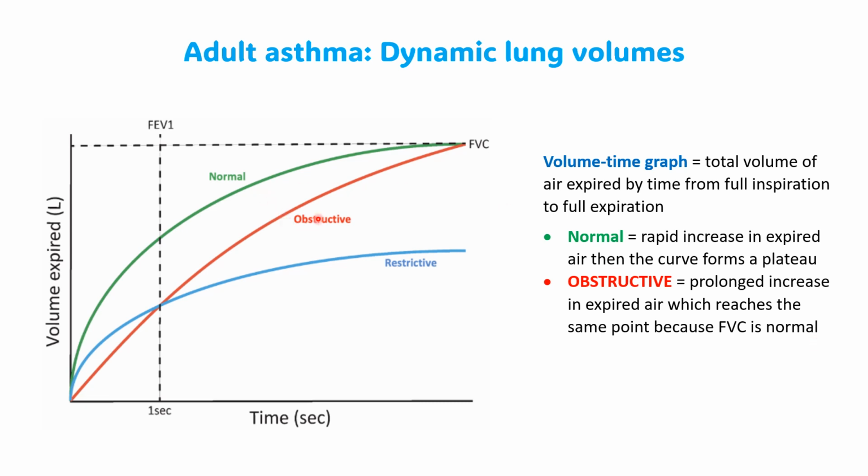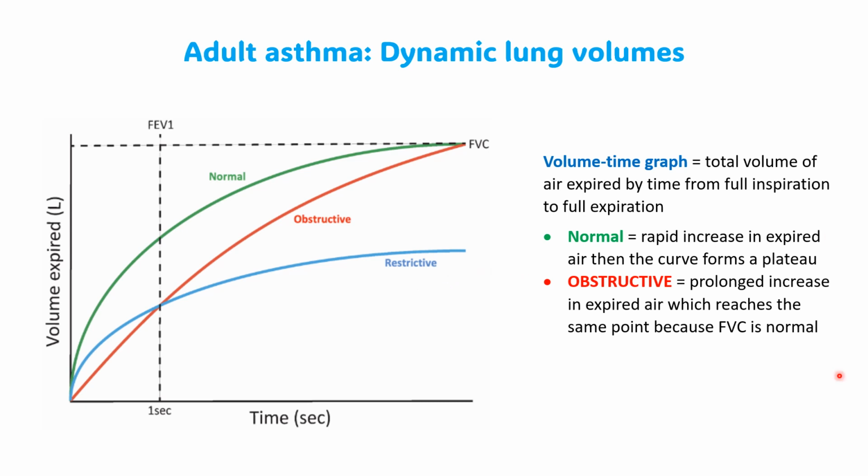So I remember I said in obstructive lung disease, which asthma falls into, the FVC is normal. You might remember from the previous video that people with asthma have a prolonged expiratory phase because it's more difficult for them to expel the air from within the lungs. But the FVC eventually ends up being normal because the total volume within the lungs hasn't changed, whereas in something like restrictive lung disease, the total lung capacity is less.